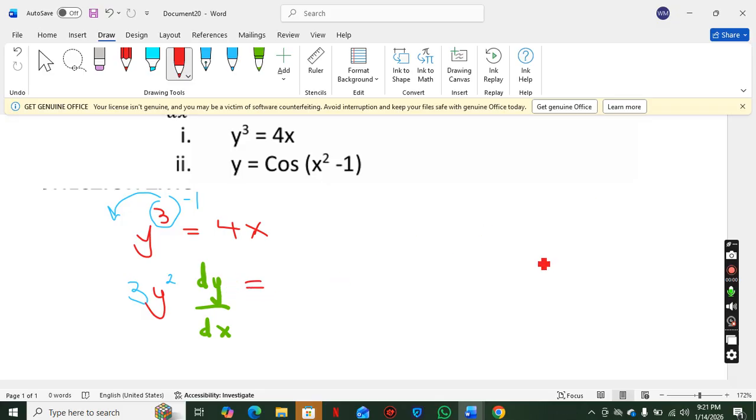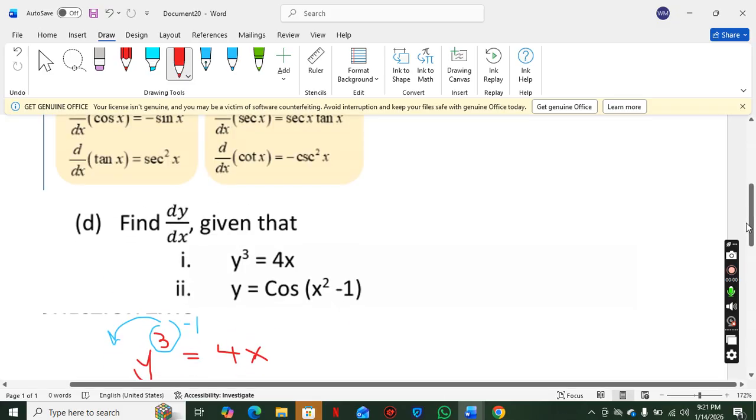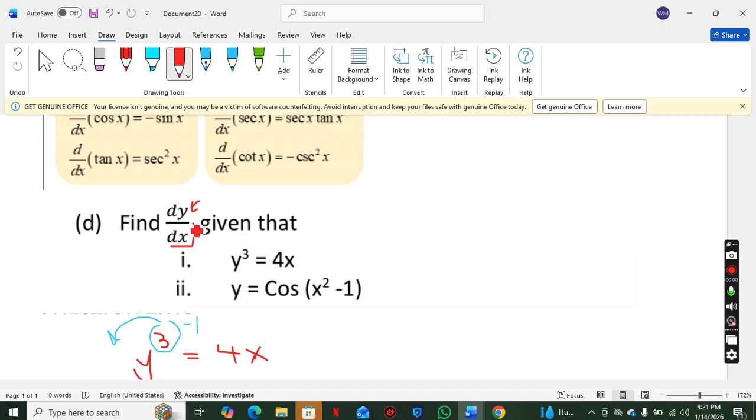The reason why we've put a dy/dx is because with differentiation, you're always deriving y with respect to x. So x is the main variable that you're deriving. Any letter apart from x, you need to attach a dy/dx. So that's why we put the dy/dx with this y.